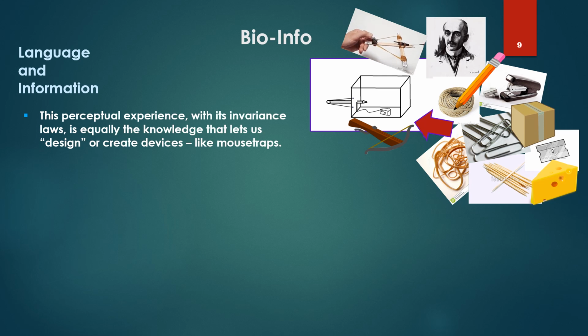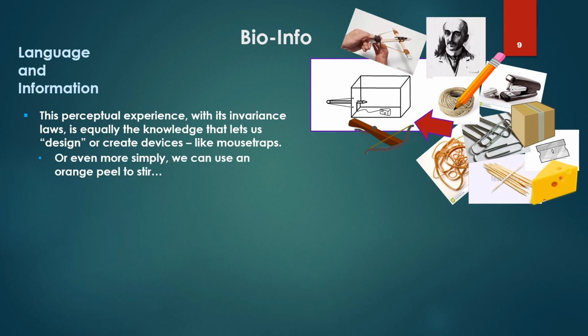This perceptual experience with its invariance laws is equally the knowledge that lets us design or create devices, like mousetraps, as we've noted. We're creating a device, a mousetrap, from a set of components: strings, boxes, toothpicks, cheese, etc. In this case, creating a crossbow-like mousetrap.